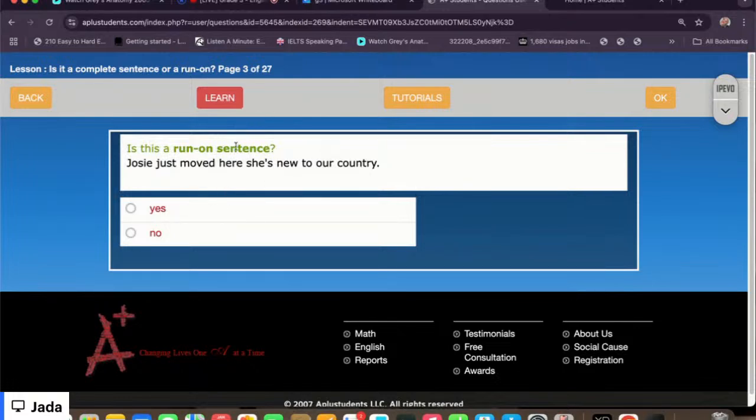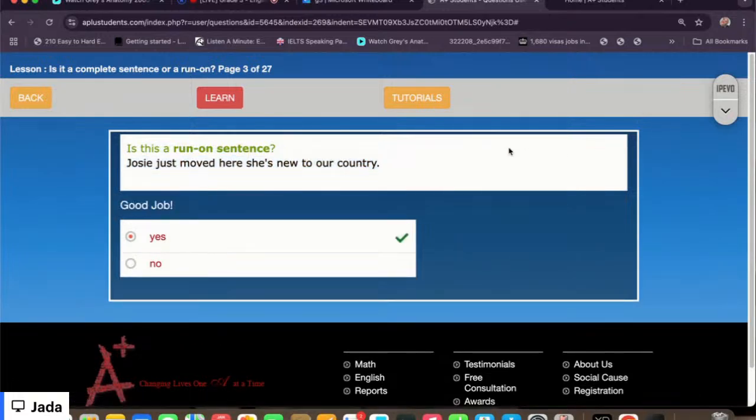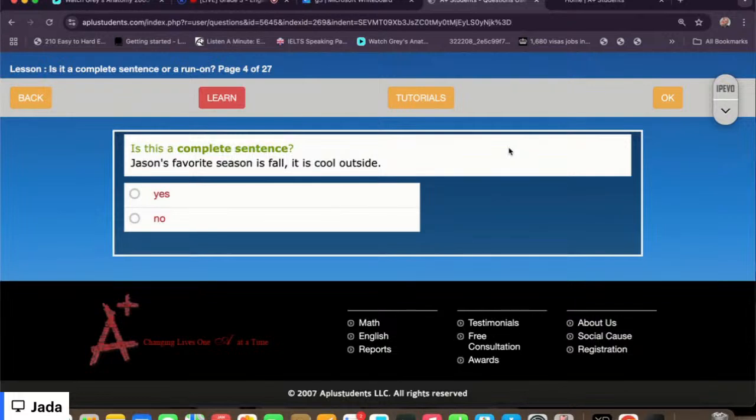Okay, so is this a run-on sentence? Yes, guys. Remember, a run-on sentence is two sentences joined together. So this was two sentences: she just moved here, she's new to our country. So that's a run-on. This one: "Jason's favorite season is fall. It is cool outside." Is this a complete sentence or not?